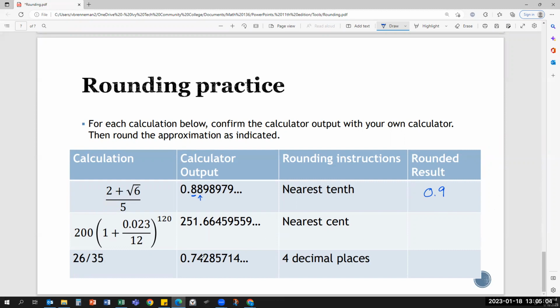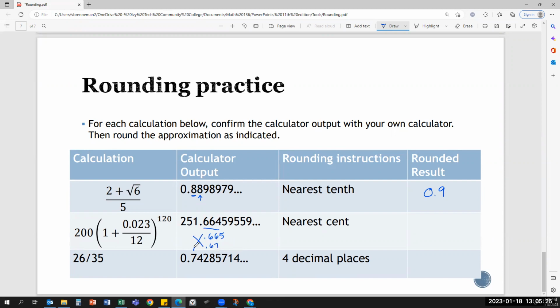251.6645, etc. round to the nearest cent. A caution here, you don't want to round multiple times. So if I take this and go to the 3 digits, that would go 0.665. And then if I round to the nearest cent, it would go 0.67. That's not how you should do it, though.